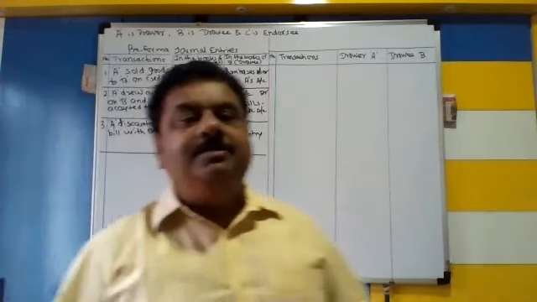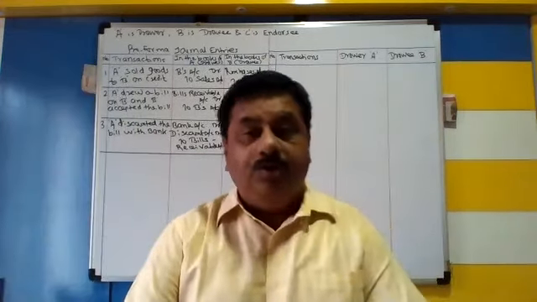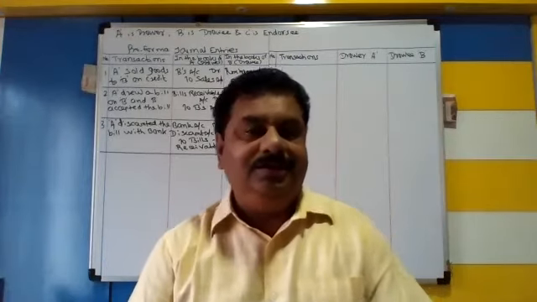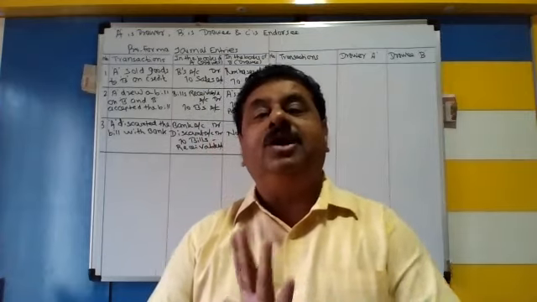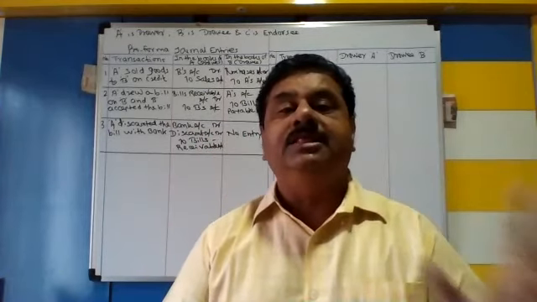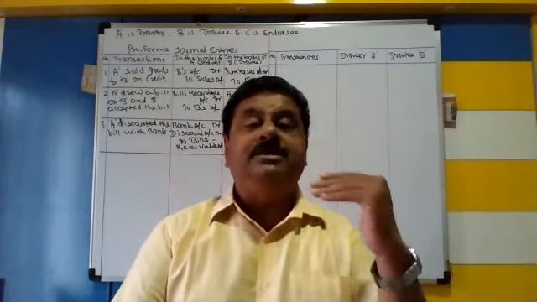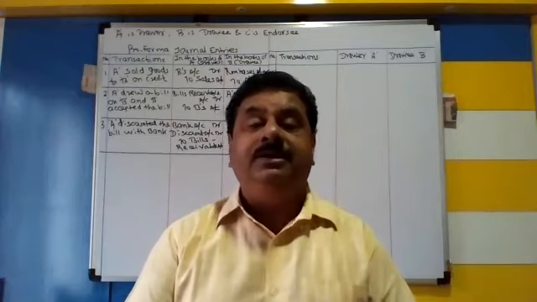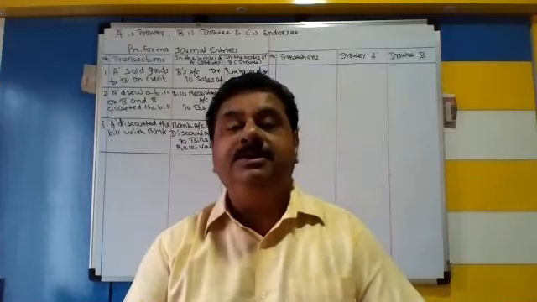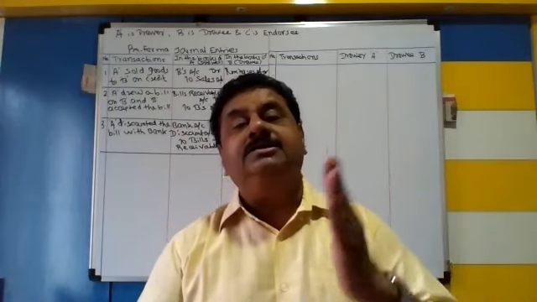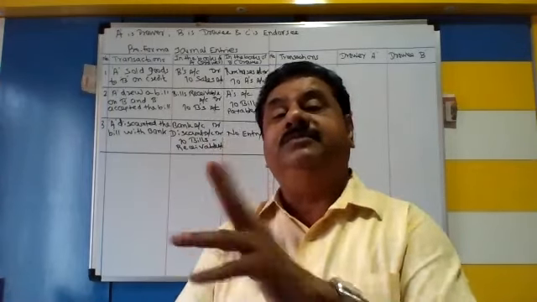So remember, when the bill is discounted, then only drawer will pass the entry, because this activity is done by drawer and drawee is not at all concerned with that transaction. So drawer will pass the entry as a bank account debit. For example, the bill is 20,000 and that is discounted for 19,500.